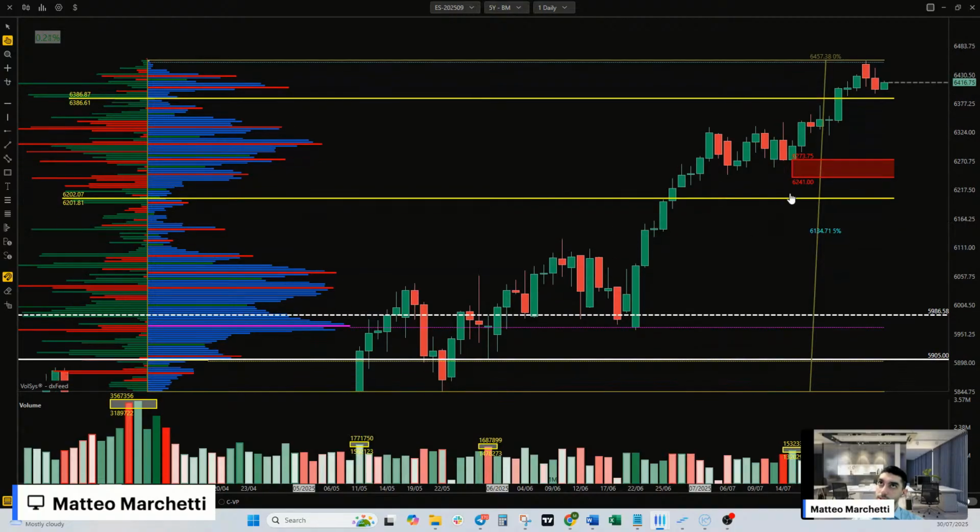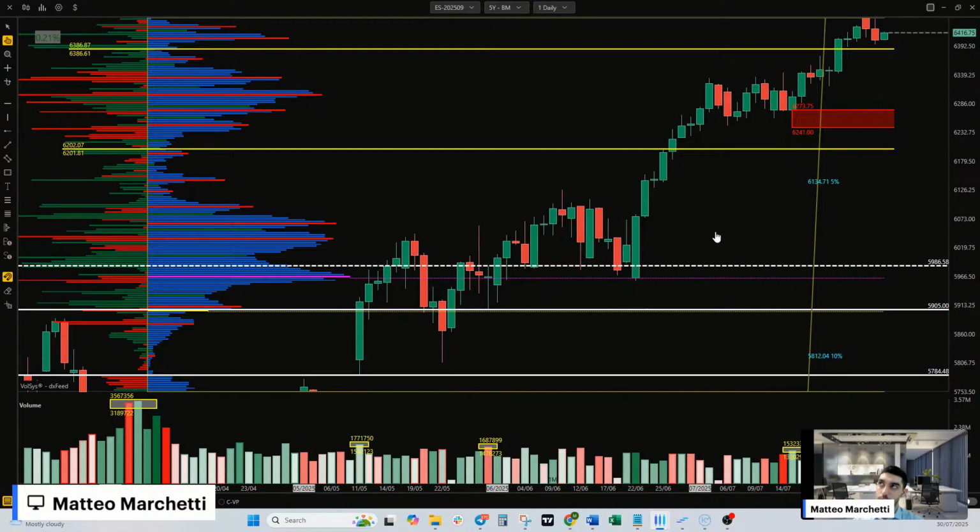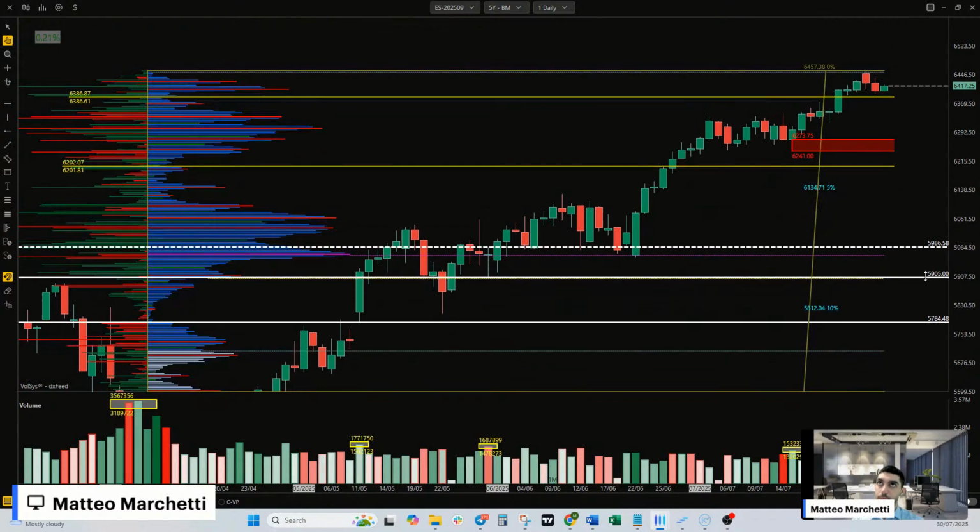If we start to accumulate or distribute below this level, then the other support levels I'm considering are 6,100 and 5,800, because they represent a 5% drawdown and a 10% drawdown from the historical high.